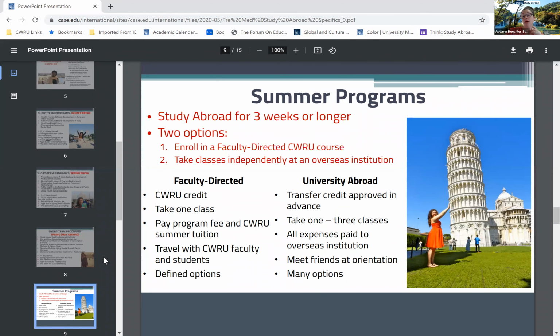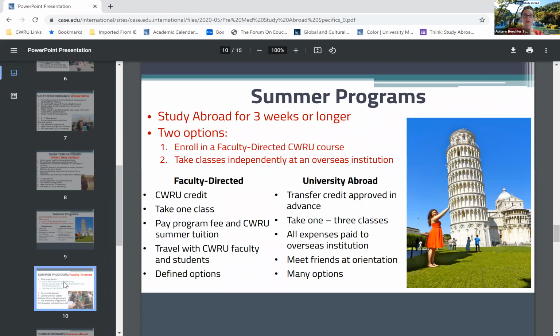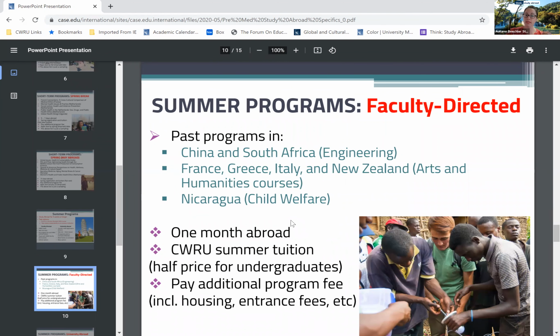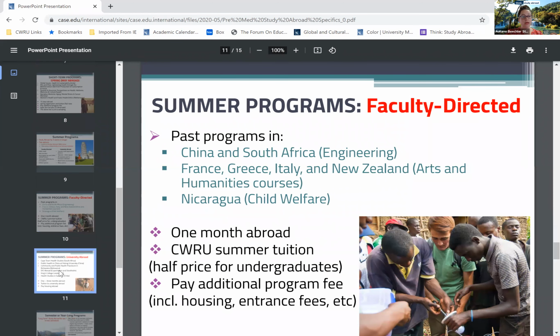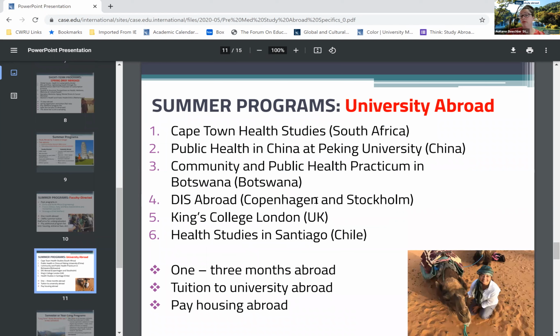If you do a summer faculty-directed course, it's going to be summer Case tuition plus that program fee. Historically, we have not had any of those with a health focus. Summer programs at universities abroad, though, do definitely have a health focus. So you can do health studies in South Africa.